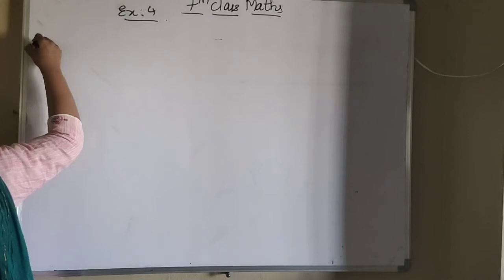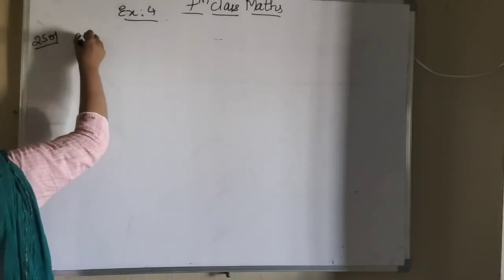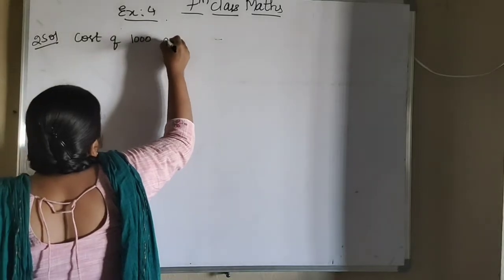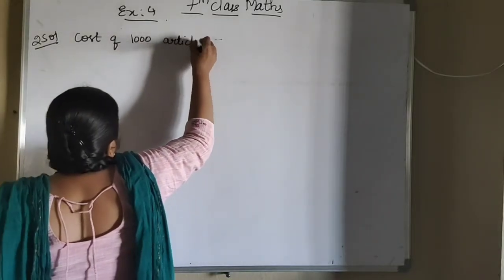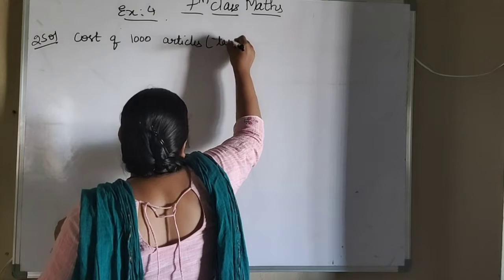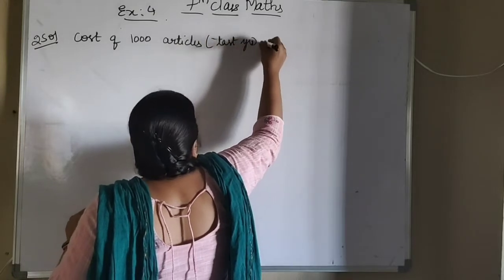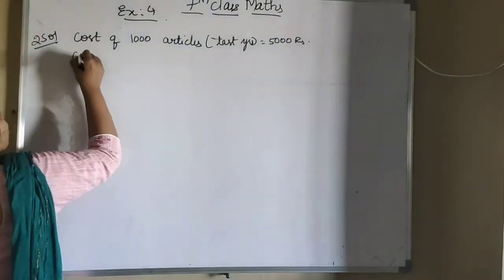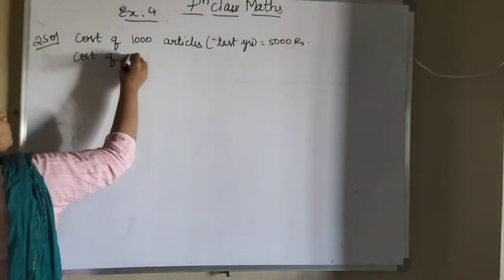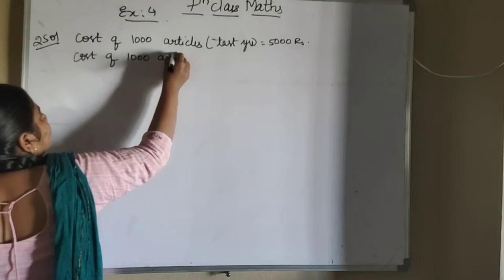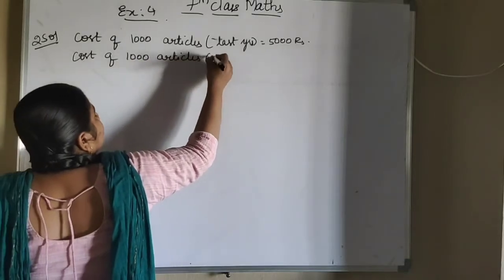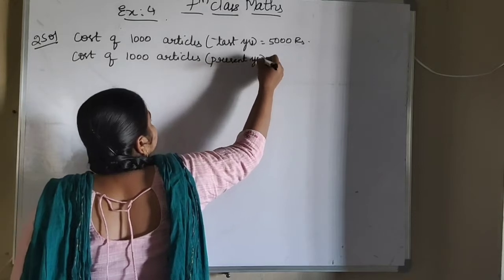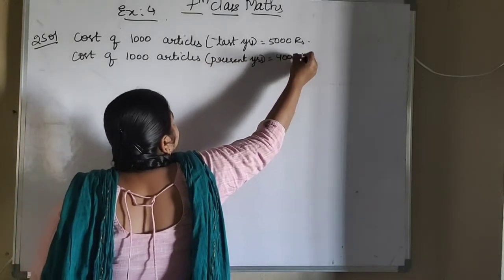So here, second solution. Cost of 1000 articles, this is about last year, is 5000 rupees. Now cost of 1000 articles in the present year, this year, is how much? 4000 rupees.